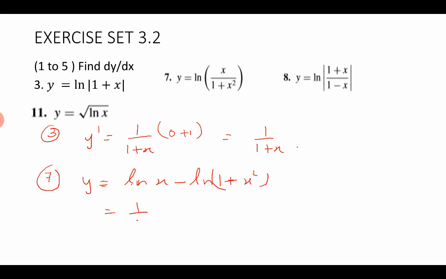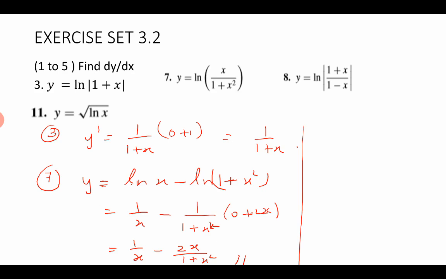This is 1 over x, this is 1 over 1 plus x square, and then by the chain rule differentiate this one, you get 0 plus 2x. So the final answer is 1 over x minus 2x over 1 plus x square. Can stop here. For problem number 8, you can follow the same technique, so I leave it to your practice. Problem number 11, you will try.